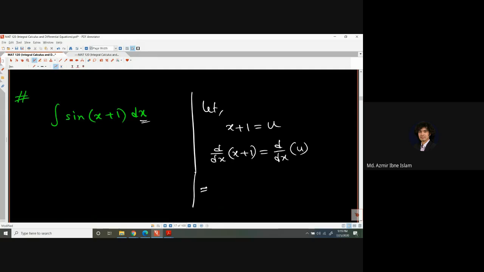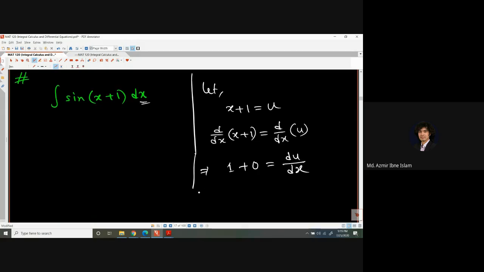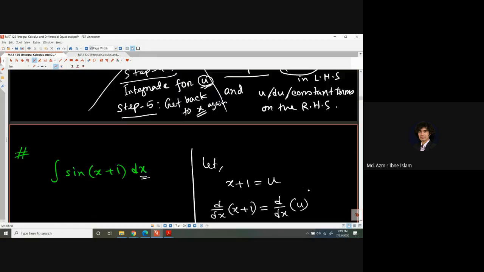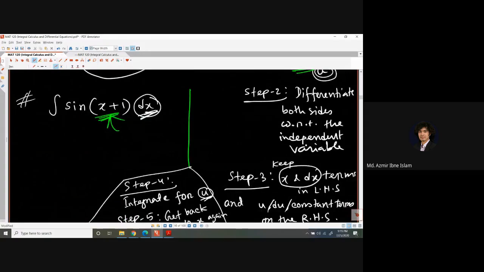Here the derivative of x with respect to x is 1. Derivative of 1, that means any constant, is 0. And d/dx of u is actually du/dx. So finally we can write 1 equals du/dx. So step 2 is also completed.